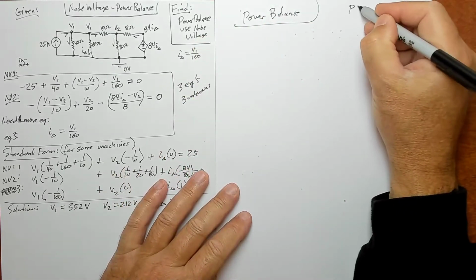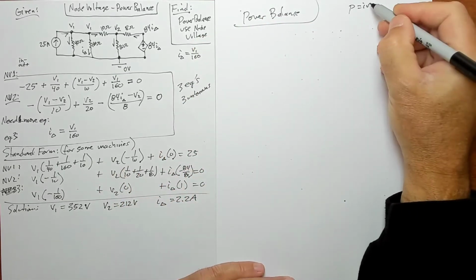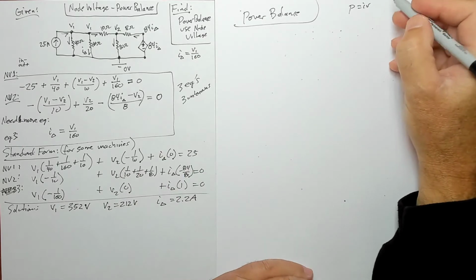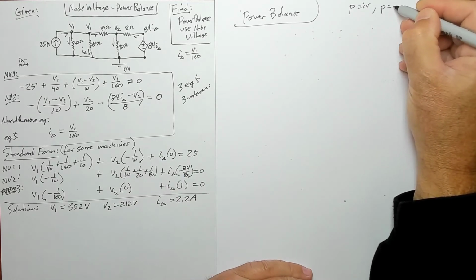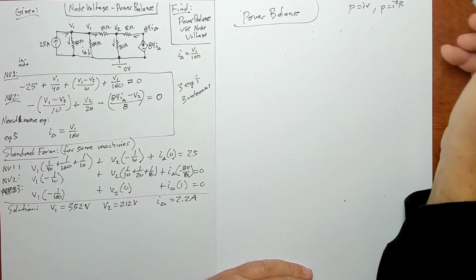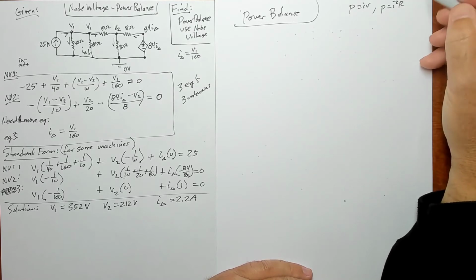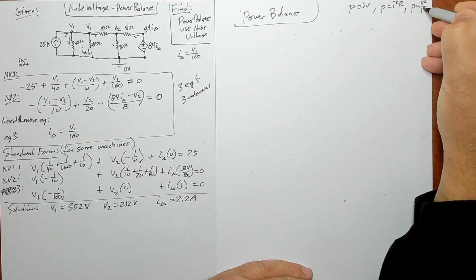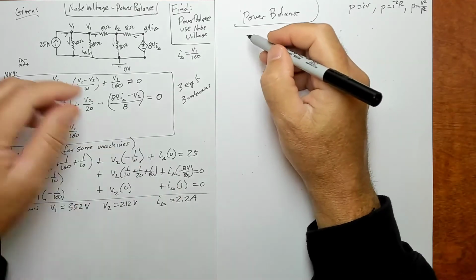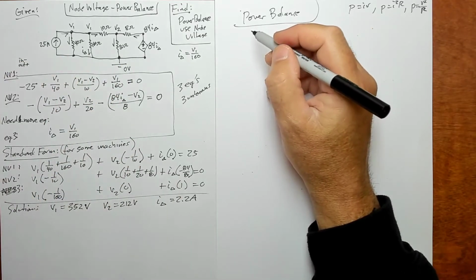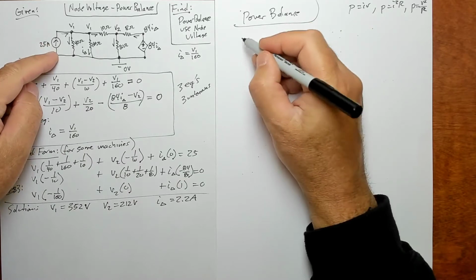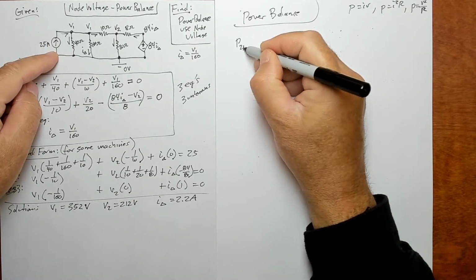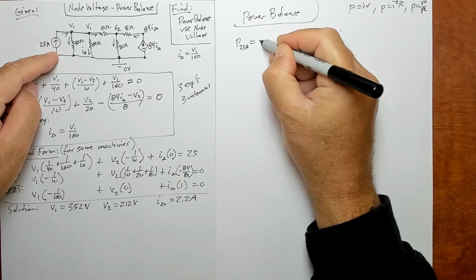Well, look, we've got P equals IV. If we have the I and the V, we could use that. We could also use P equals I squared R if we happen to have I and R, or P equals V squared over R if we happen to have the V. Let's just see what we got. Let's do this one. So the power in the 25 amp device, let's use VI.